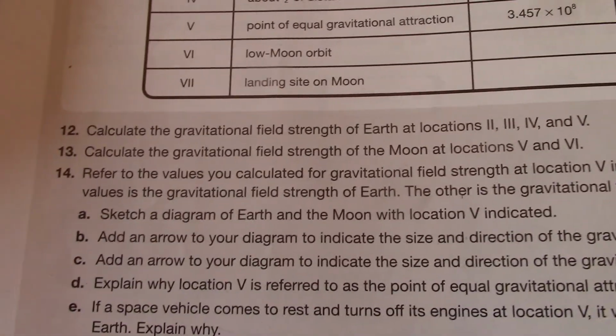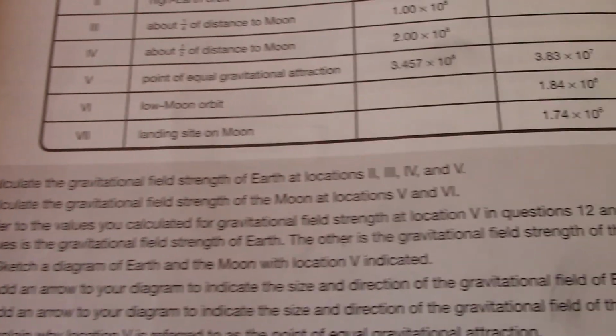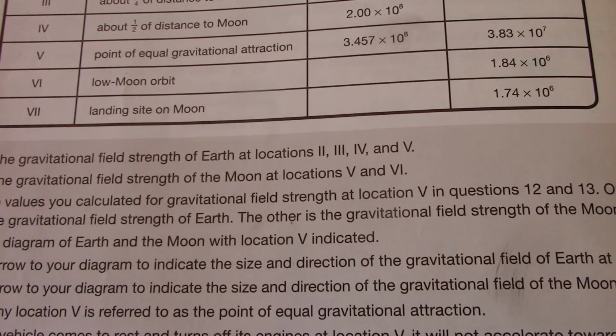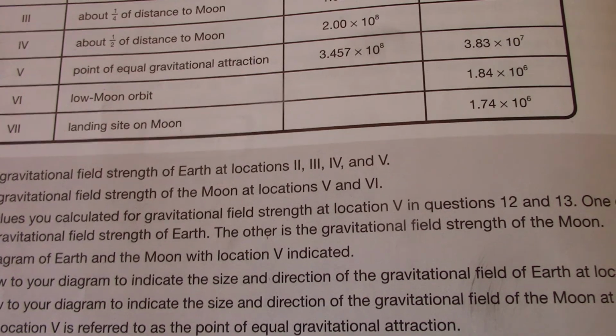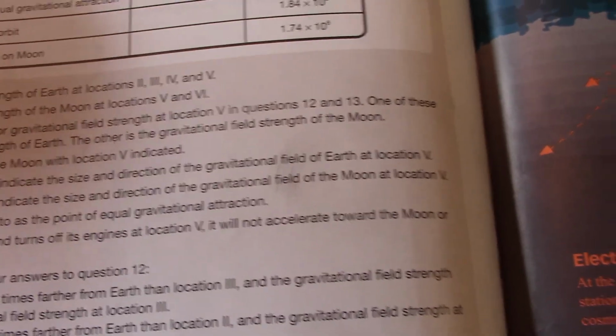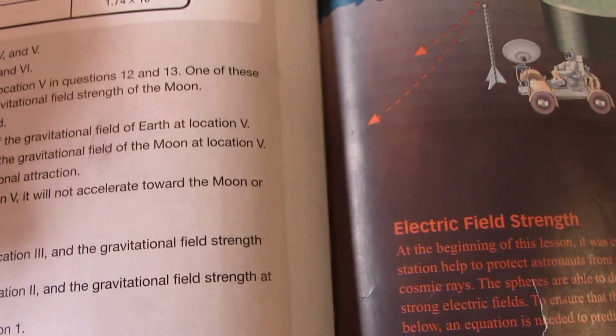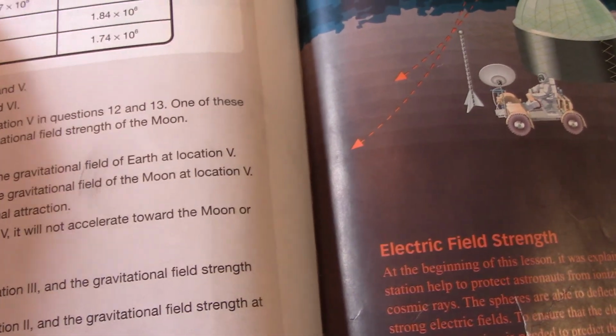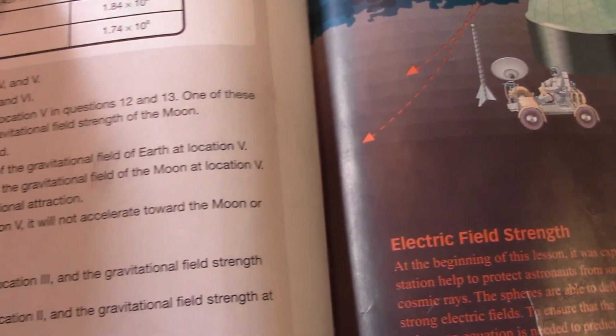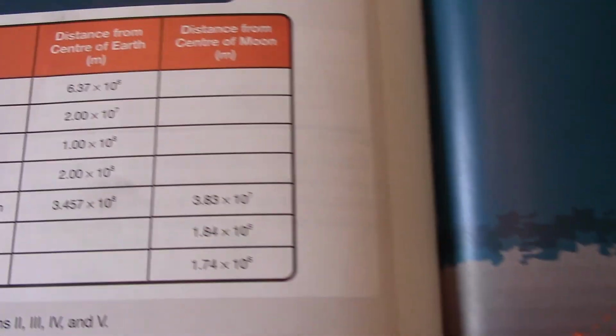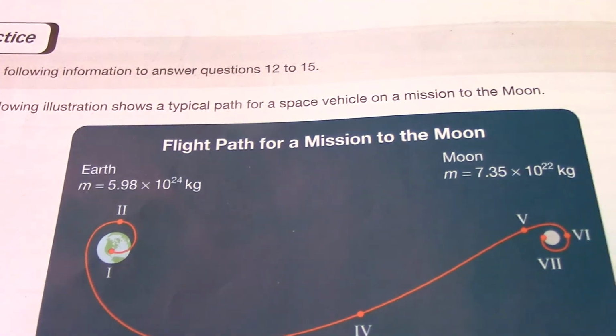This is asking you to calculate the gravitational field strength of Earth at locations 2, 3, 4, and 5 from a satellite. So you have the distance from the Earth, which would be the radius, and you have the mass. You have the mass of the Earth here, the mass of the Moon.